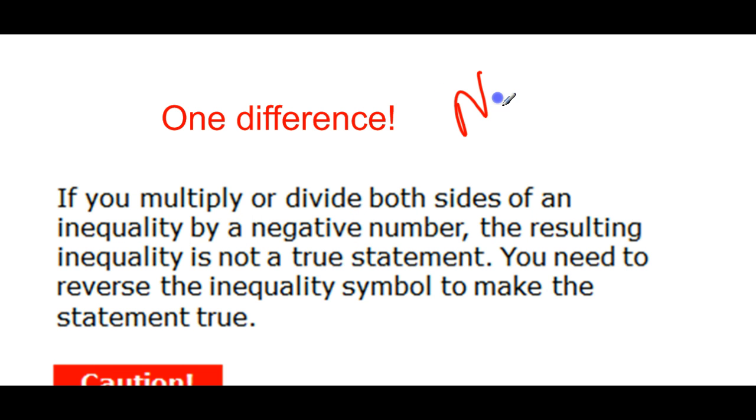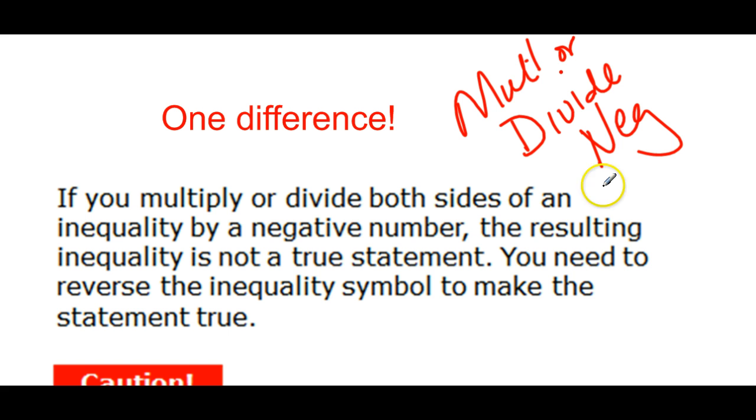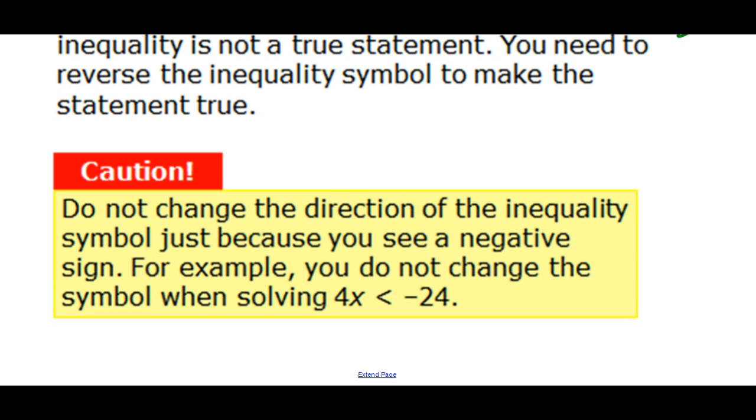So when you multiply or divide by a negative, we need to flip the inequality. Now, caution here. That does not mean that you change the inequality sign just because you happen to see a negative sign in the problem. That doesn't work.